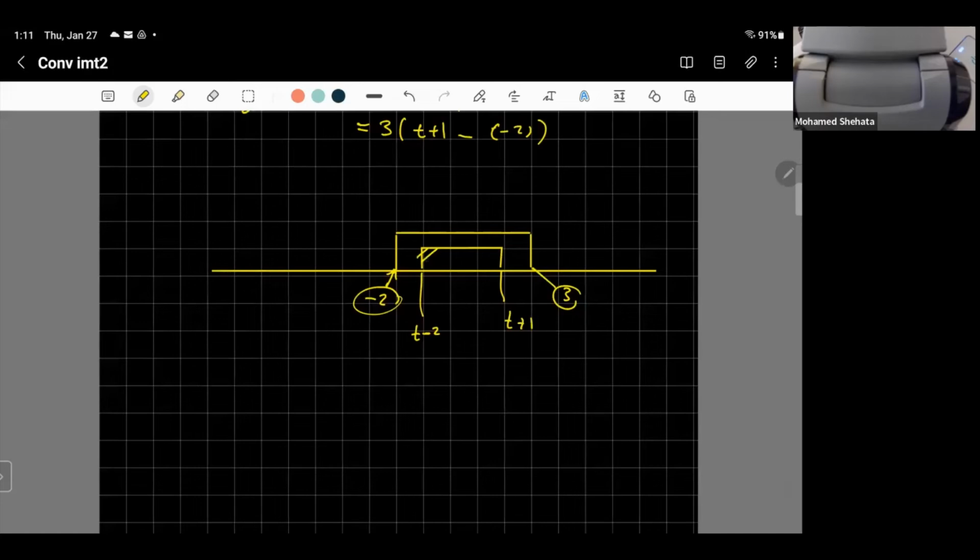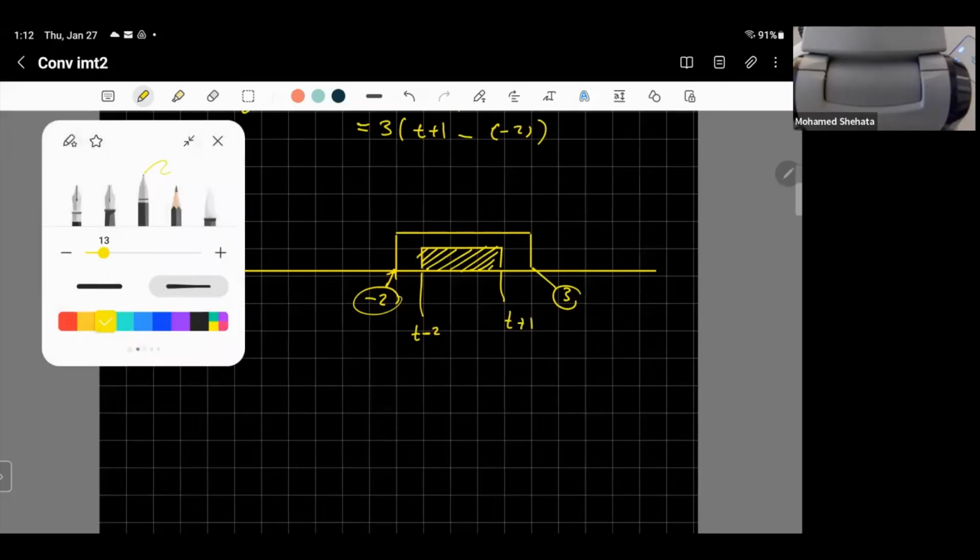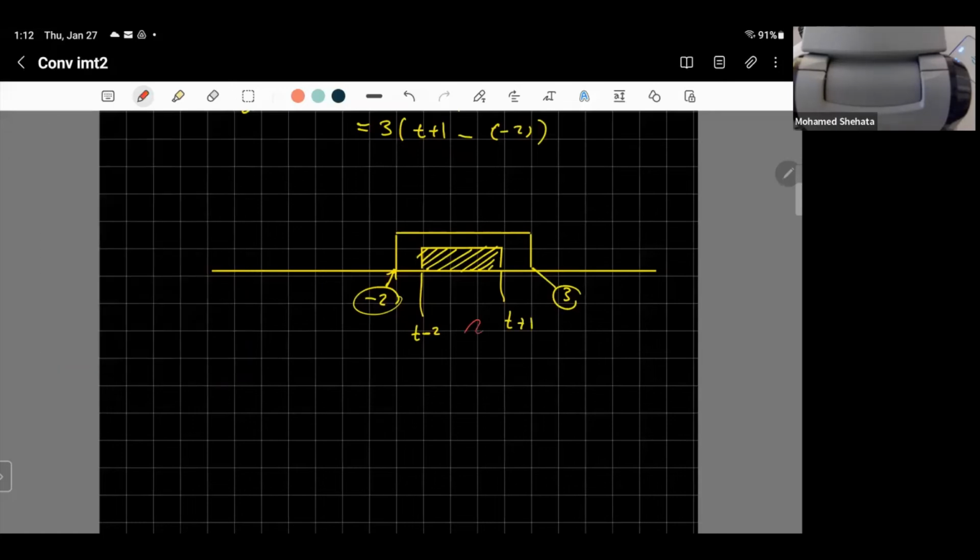And now we can make the whole thing overlap. What I'm trying to do is find the interval. How do you find the interval? You have a relation between this and that, right? What is the relation between -2 and t minus 2? T minus 2 is bigger, as you see. So I'll say t minus 2 is bigger than -2. So t is greater than 0. And this one, you have a relation between t plus 1 and 3.